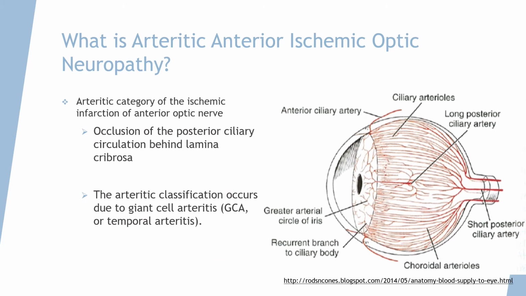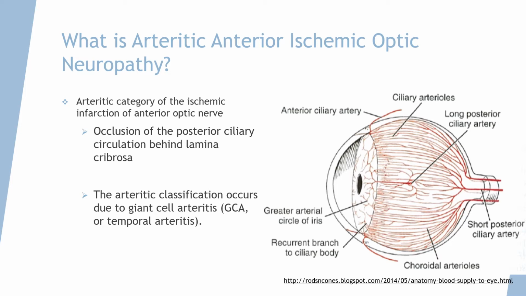So this disease is quite a mouthful. What is an AAION? It's an arteritic category. There's also a non-arteritic AION, but in this case it's an arteritic category of the ischemic infarction of the anterior optic nerve. Right? So there is vasculature feeding the optic nerve as well, and the anterior segment is suffering from ischemia.